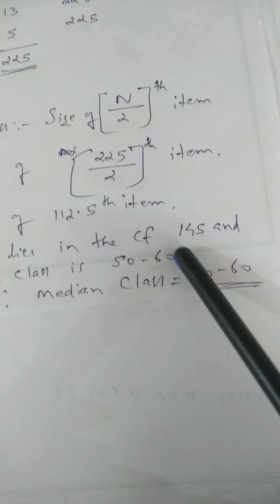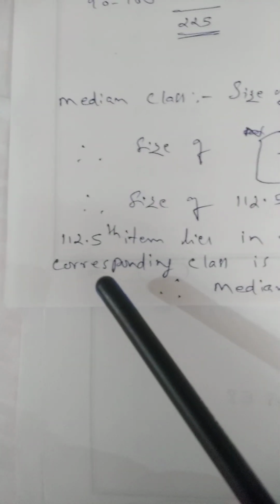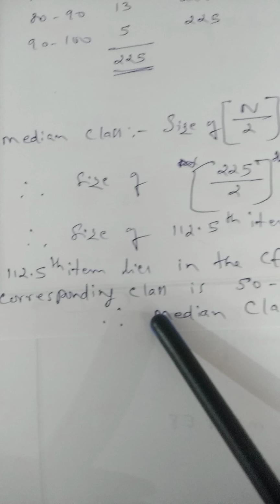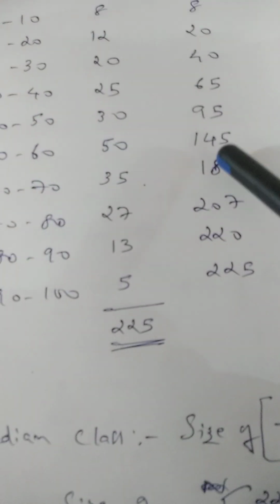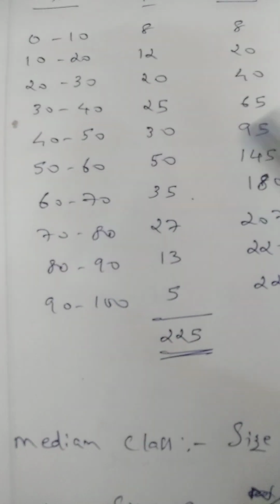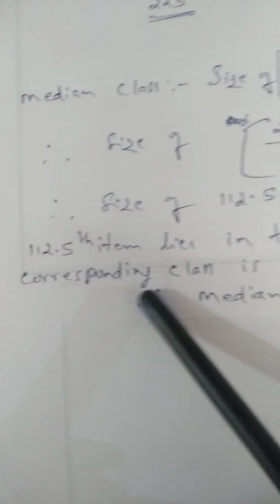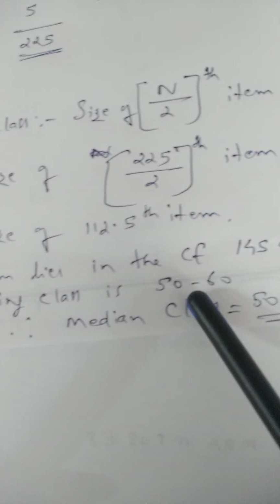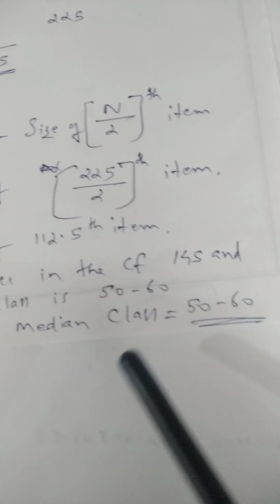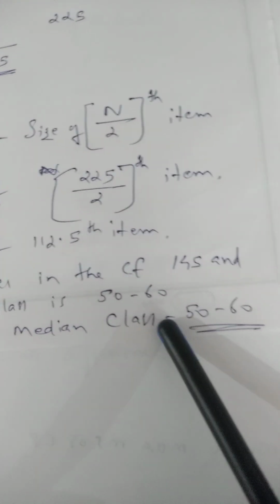And the corresponding class of 145 is 50-60. Therefore, median class is equal to 50-60.